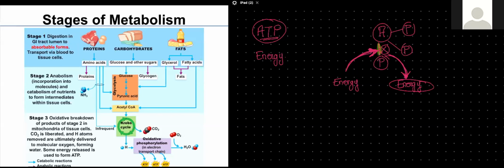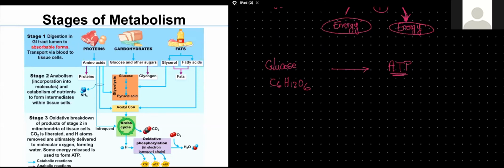So what I'm trying to do here is transform high energy bonds stored in the glucose, which is C6H12O6, for example, into high energy bonds stored in an ATP that I can use. I can't directly use the energy by breaking down this glucose.